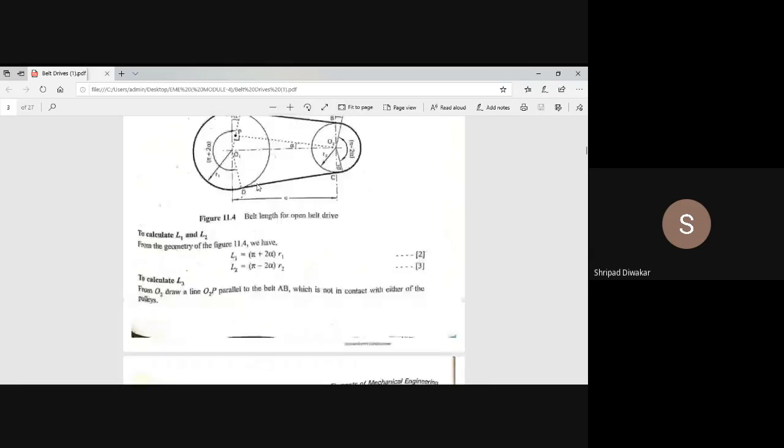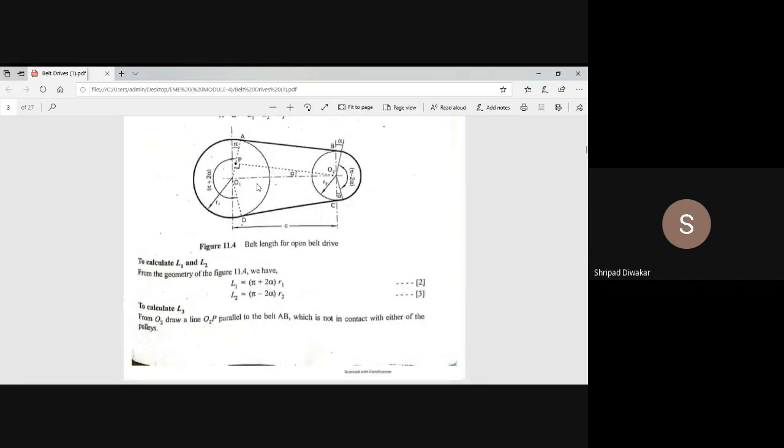So O2P is the square root of O1O2 square minus O1P square. Our aim is to find O2P, not O1P, because this length is parallel to AB. So from the triangle O1O2P, O2P equals the square root of O1O2 square minus O1P square.